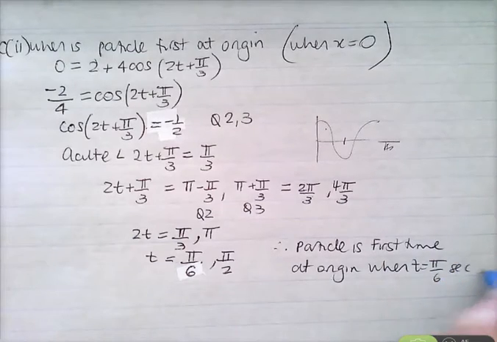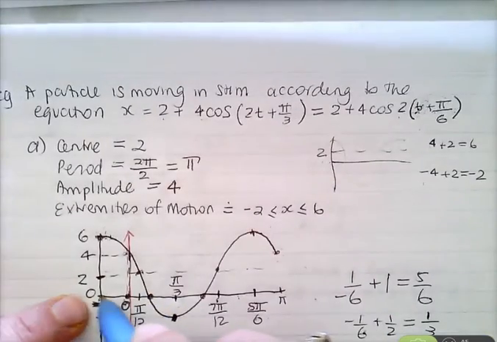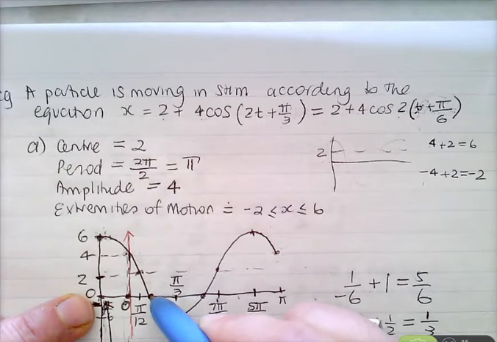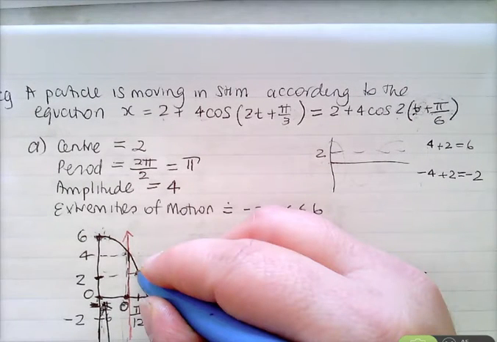Now, if we look at the diagram that we drew earlier, this is the origin here, and it's more than pi on 12, so that makes sense, because pi on 6 does lie between pi on 12 and pi on 3, even though this diagram is not drawn to scale very well.